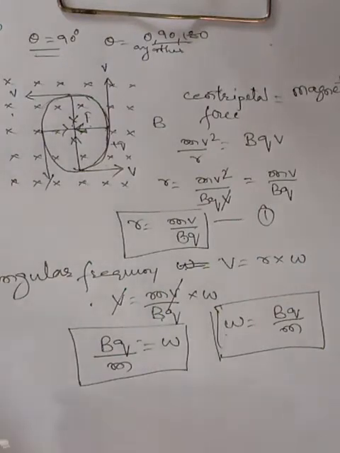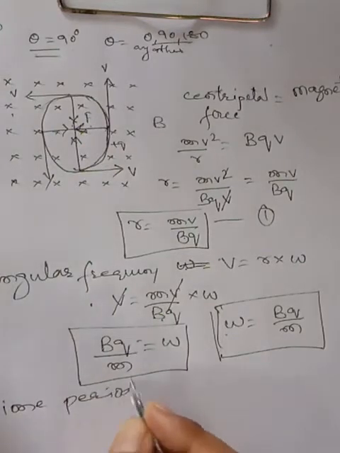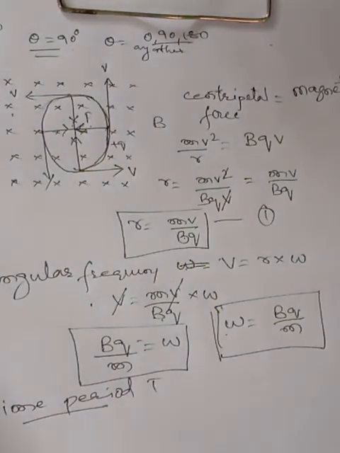Okay, now third is the time period. Time period T. What is the time period T? It is the time taken by the charged particle to complete one circle in a magnetic field. How will this T be given?